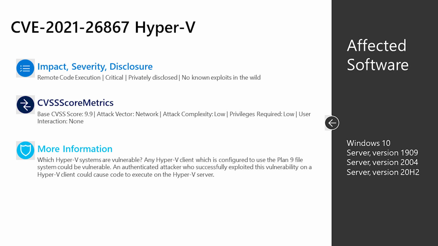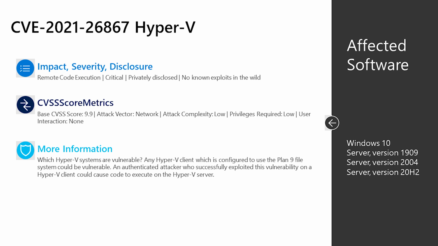Great, so let's move on to our next vulnerability. This one's with Hyper-V. This is CVE-2021-26867. This is another remote code execution vulnerability listed as critical, privately disclosed, and no known exploits out in the wild. Now, this affects a smaller subset of operating systems.